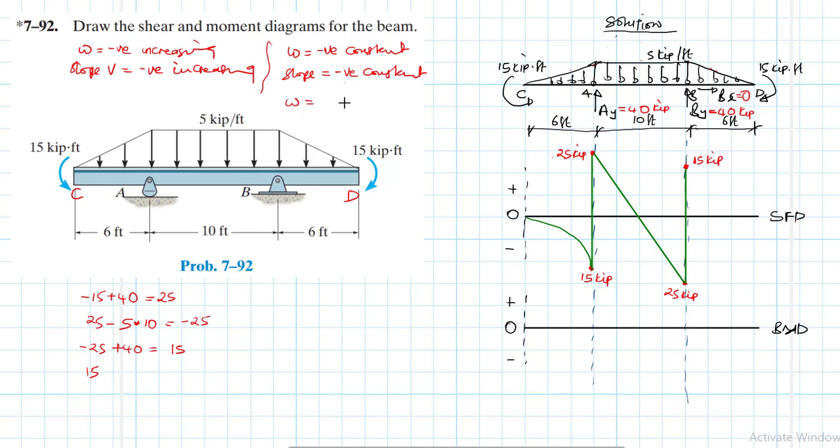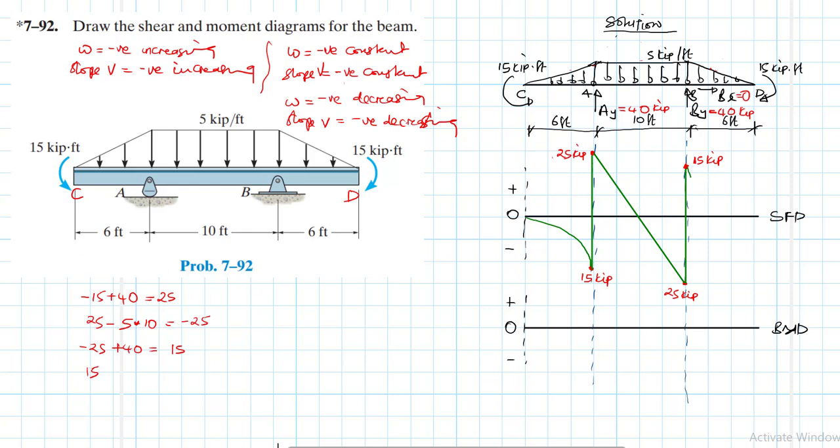So our loading is negative, and is decreasing, right? So we expect the slope for shear to be negative and decreasing. Okay, so it can only decrease like so, and let's find the value.